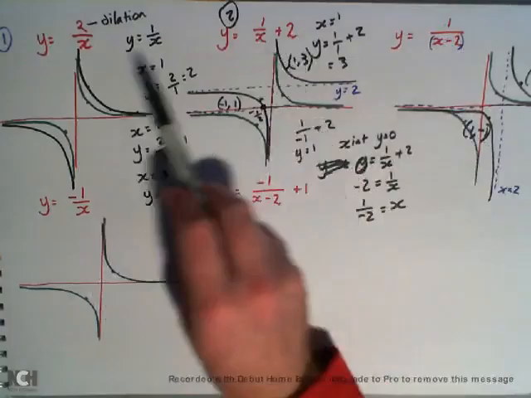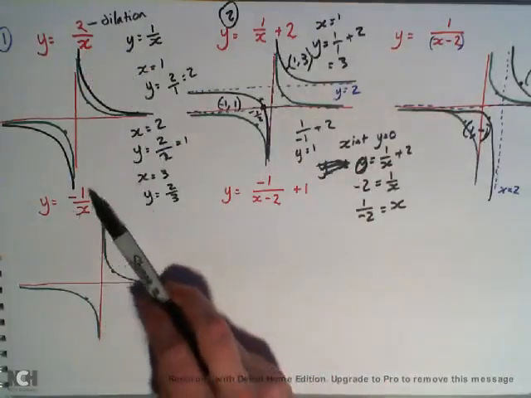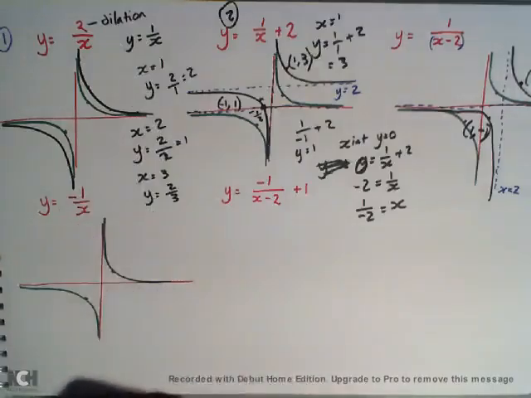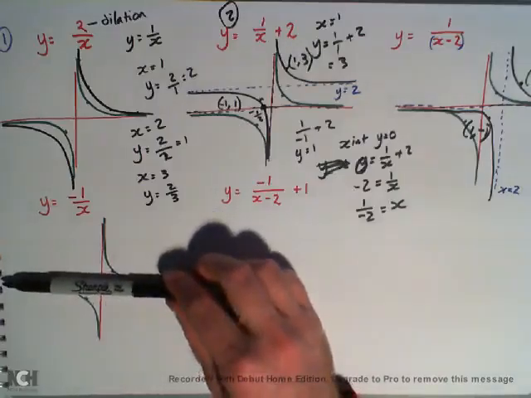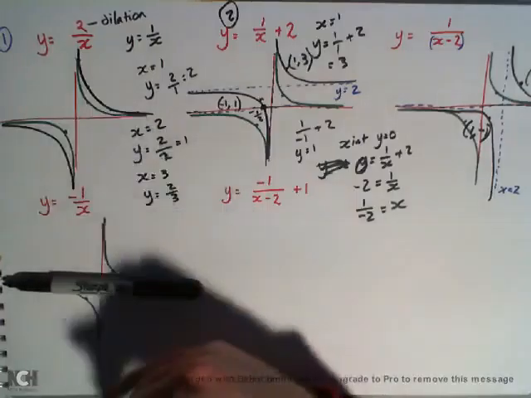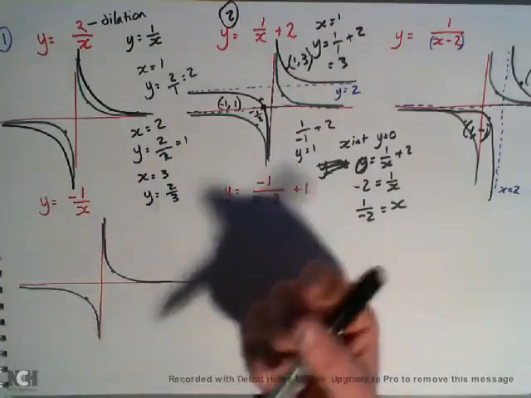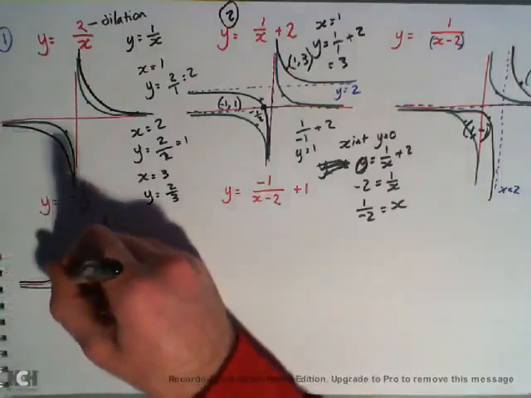This one's up and down and dilations. Last one to look at is a reflection. So we've got -1 on x. It just means that we have a mirror in the horizontal axis, and everything on this side gets pushed up, everything on this side gets pushed down. It's a mirror image. So same shape.